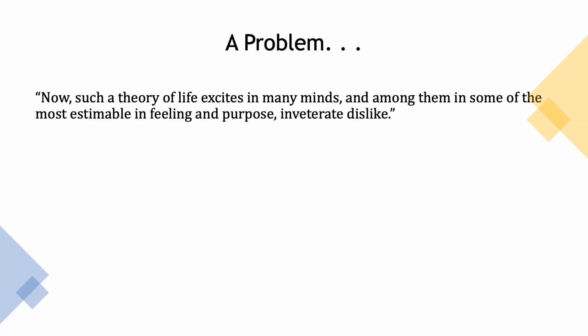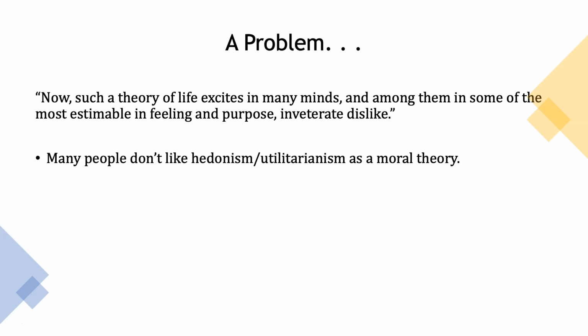Now, such a theory of life excites in many minds, and among them, in some of the most estimable in feeling and purpose, inveterate dislike. So, what's going on here? It's actually fairly straightforward. Basically, it turns out that many people don't like hedonism or utilitarianism as a moral theory. But why? Well, we find this out in the next sentence.